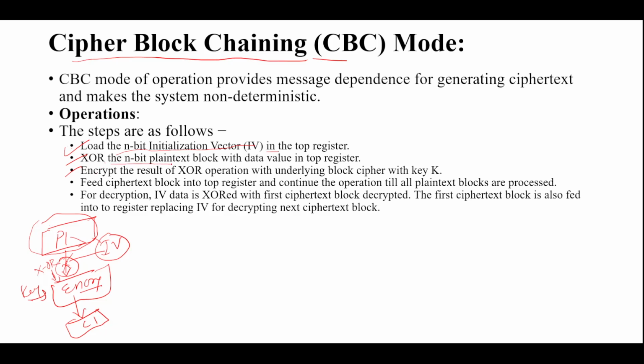XOR the n-bit plaintext block with the initialization vector and encrypt the result of the XOR. The next step says to feed ciphertext blocks into the top register and continue the operation till all plaintext blocks are processed. Let's consider here I have the second block P2 and P3, so now I am considering only three blocks.